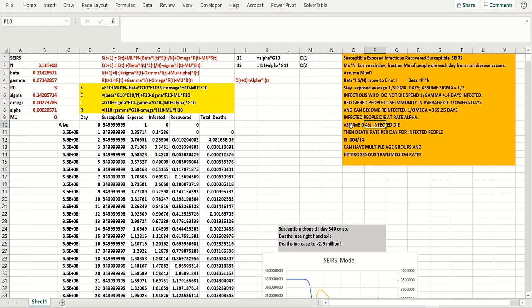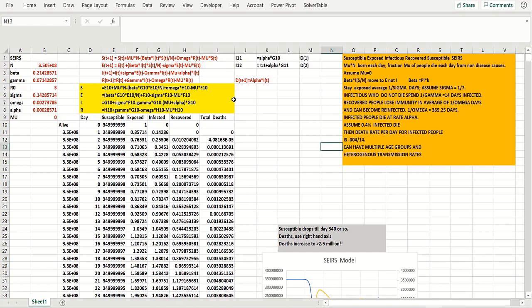That includes the death rate that was higher at the beginning and is probably lower now. So we assume 0.4% of the infected people die. Of course, many people have long-term COVID effects, which are horrible. So the death rate would be 0.004, but that's per day infected, so you have to divide it by 14. That's our death rate, the 0.004 divided by 14.